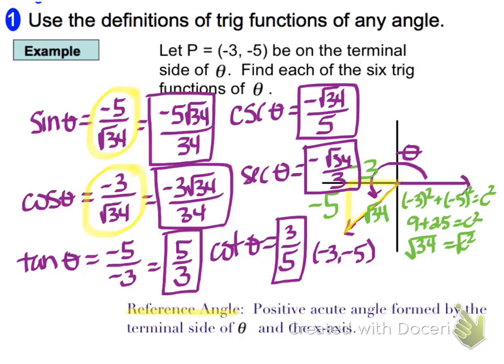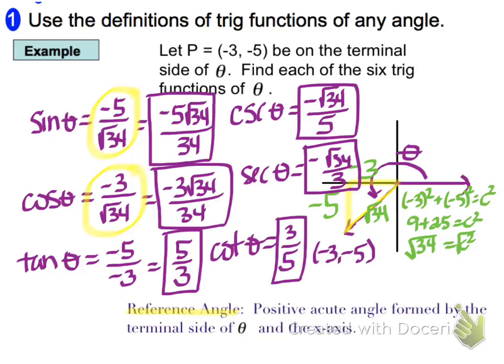When we look at our answers, one thing I notice is that for sine of theta, we had negative 5 over the square root of 34. Notice it was still the y value, only this time it was the y value divided by the radius.